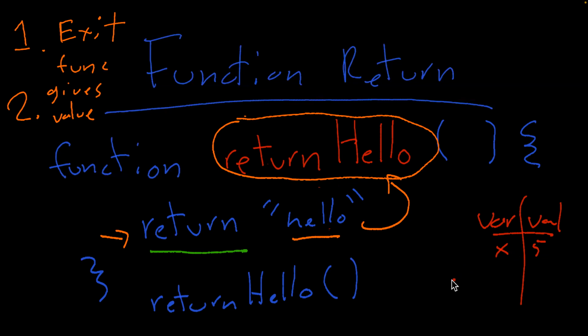So now we can write somewhere on our t-diagram something like this. Return hello. Okay, that's our function. And now it has a value. The value is hello.